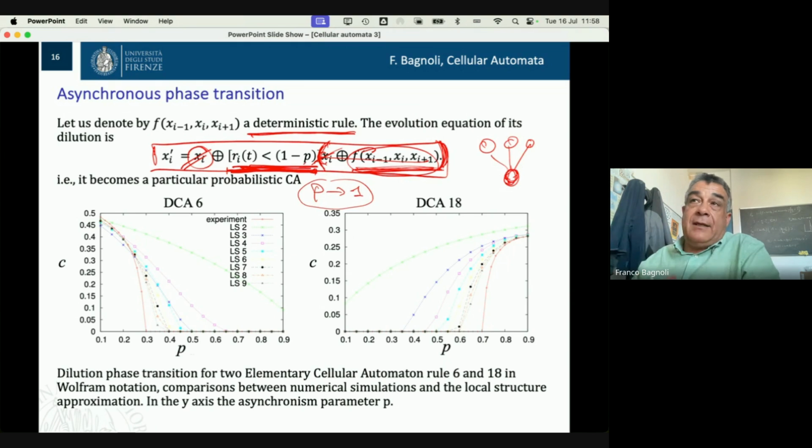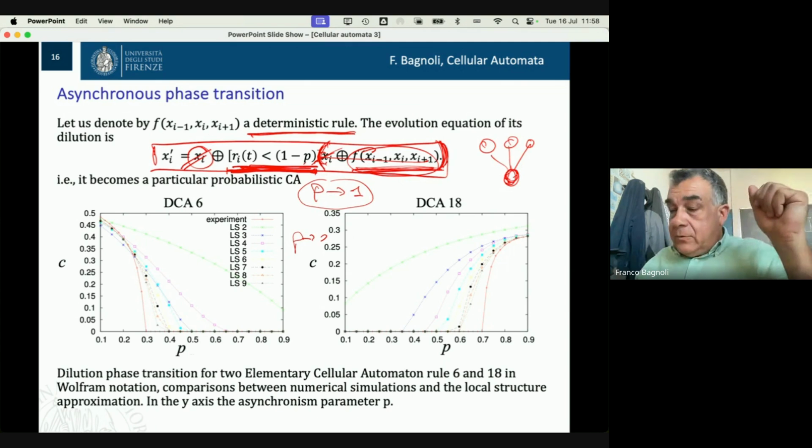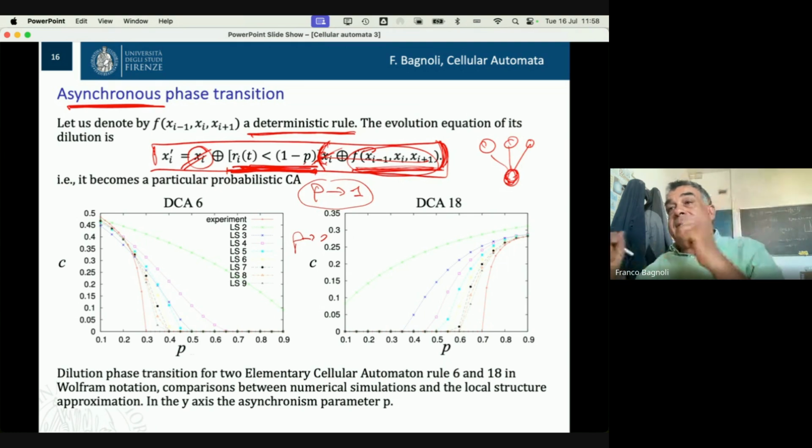So it is a classical sequential dynamics. While when p goes to 0, you have the classical parallel dynamics. So you can also think of this asynchronism as a way of passing from an asynchronous to a synchronous dynamics.